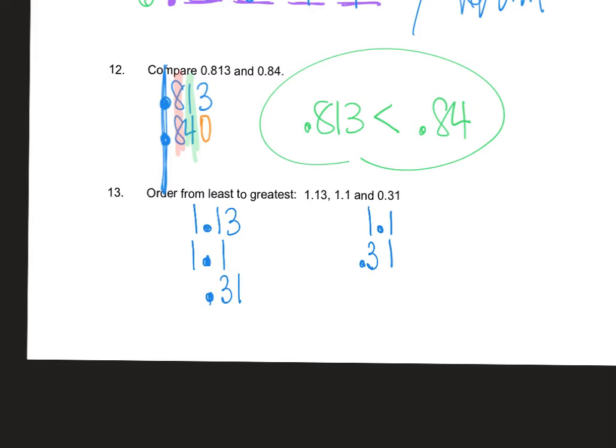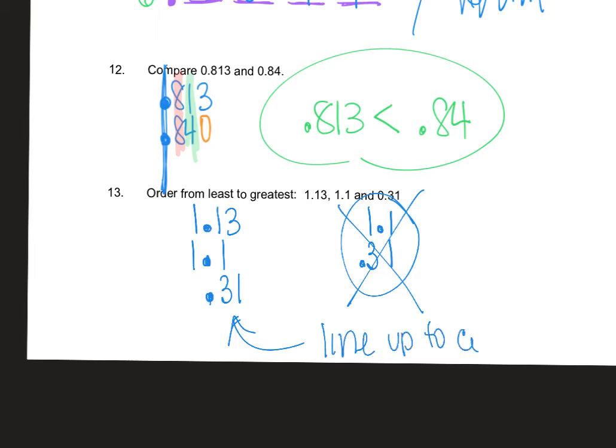So 1.1 and 0.31, they're very different numbers, but if you're lining them up without any regard to the decimal, they're not going to look like that. So we don't want to do that. We want to line up to compare by the decimals.